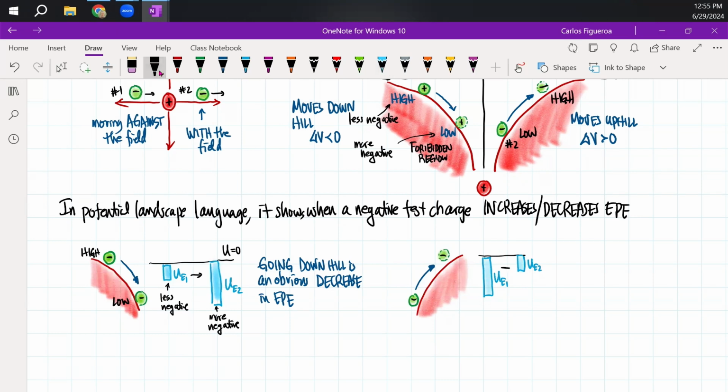Remember this is more negative, and therefore, if this is less negative, this is an increase, and we can see it in the picture. So here, going uphill is an obvious increase in electrical potential energy.